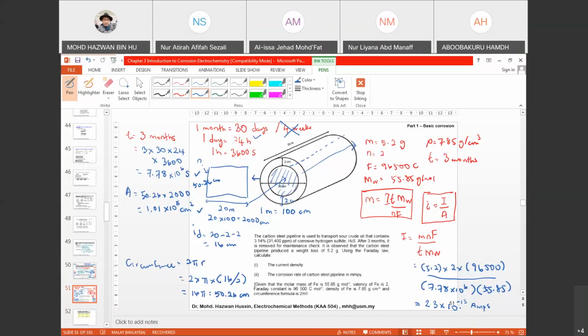Not negative 13? Jihad, you got minus 13. Yeah, negative 13. Shamira got the same as Atira, the power of negative 3.